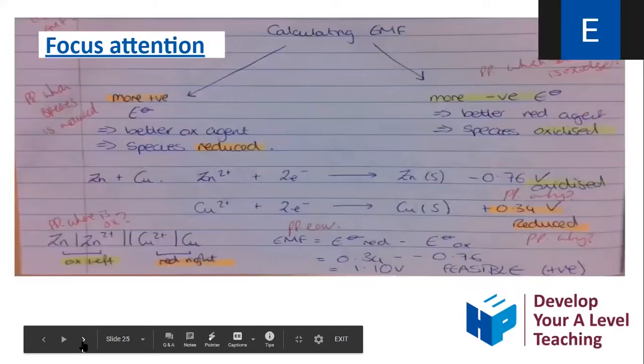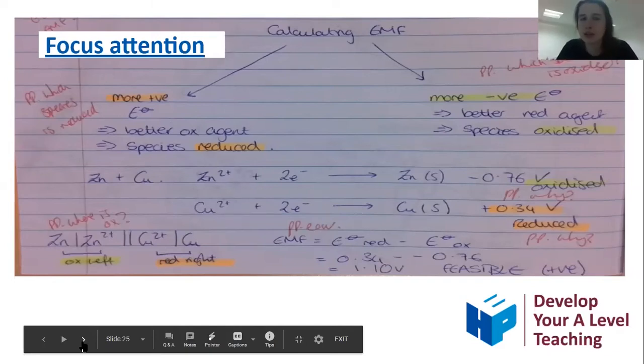So this is an example of one of my diagrams that I might have drawn. I'm an A-level chemistry teacher, and this is about calculating electromotive force. What I've done here as I've produced my diagram is I've annotated the diagram with questions that I'm going to ask pupils to focus their attention on the decisions that I've made as an expert.